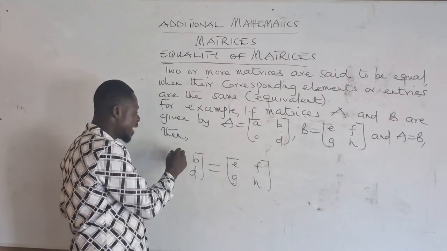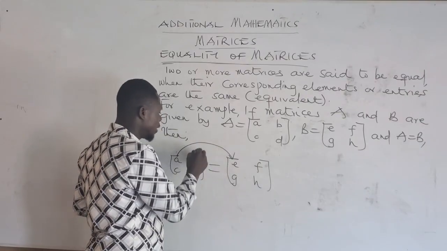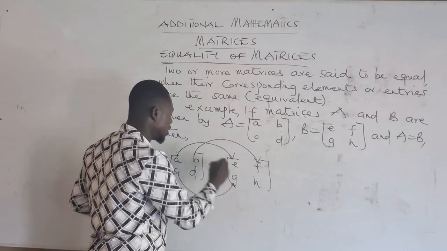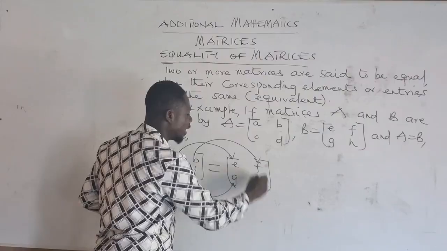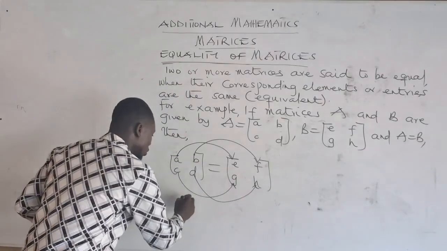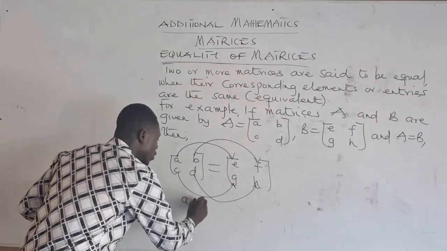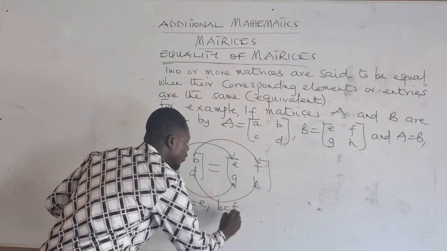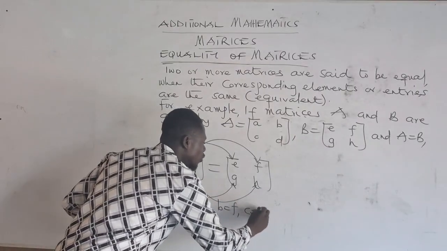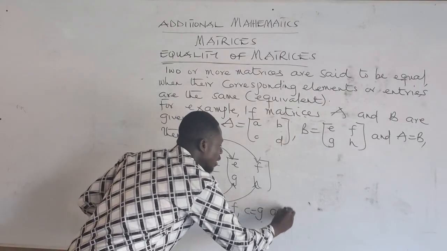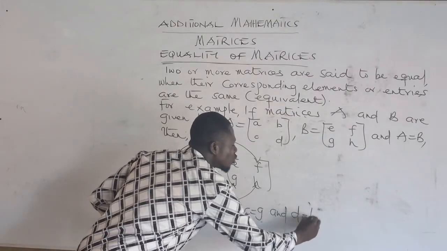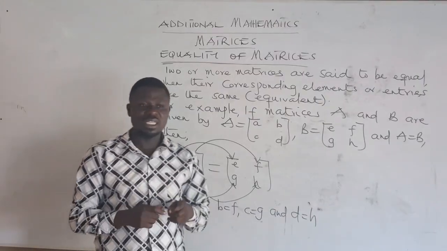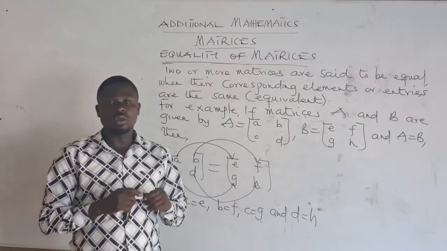In this case, a is equal to e, b is equal to f, c is equal to g, and d is equal to h. That is what it means. The corresponding entries are equal or the same.